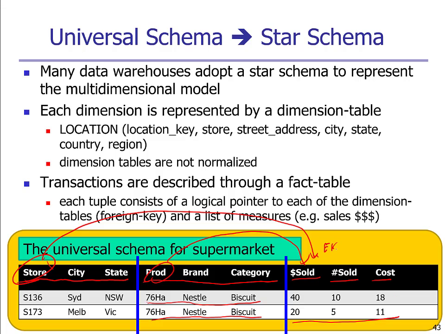These are the primary keys of the location table and the product table, and they are also the foreign keys of this fact table.